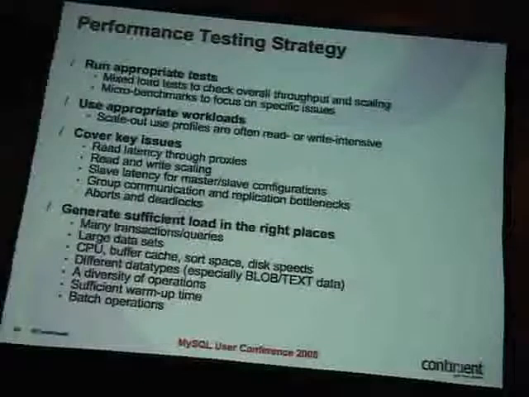But when you're doing scale-out, it's really important to do what we call micro benchmarks, where you zero in on a very specific thing like read latency, and then test it a bunch of different ways. Like test it as you scale from, say, 1 client to 100. Test it as you scale from 100 rows returned up to 10,000 rows returned. You want to do these micro benchmarks very systematically, because they first of all give you costs of certain operations if you're trying to model or reason about capacity. The other thing is when you have problems with performance, they allow you to zero in on where the problems happen.